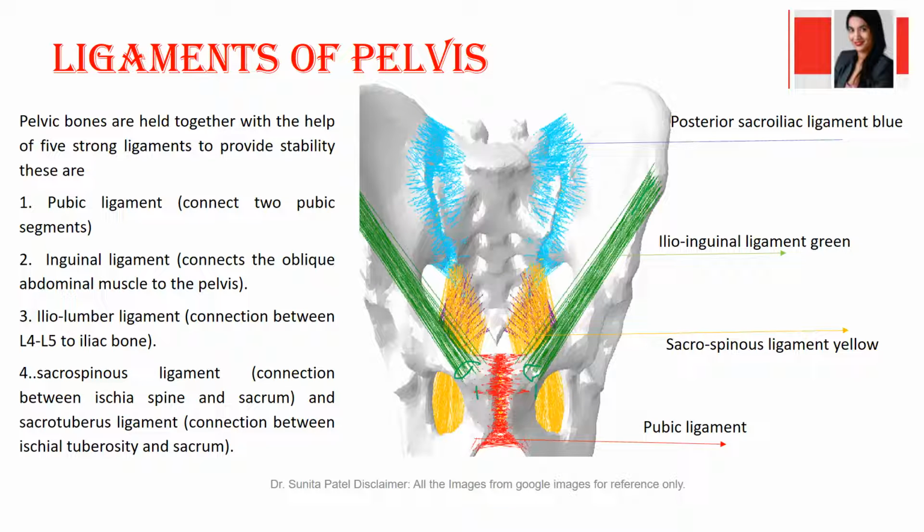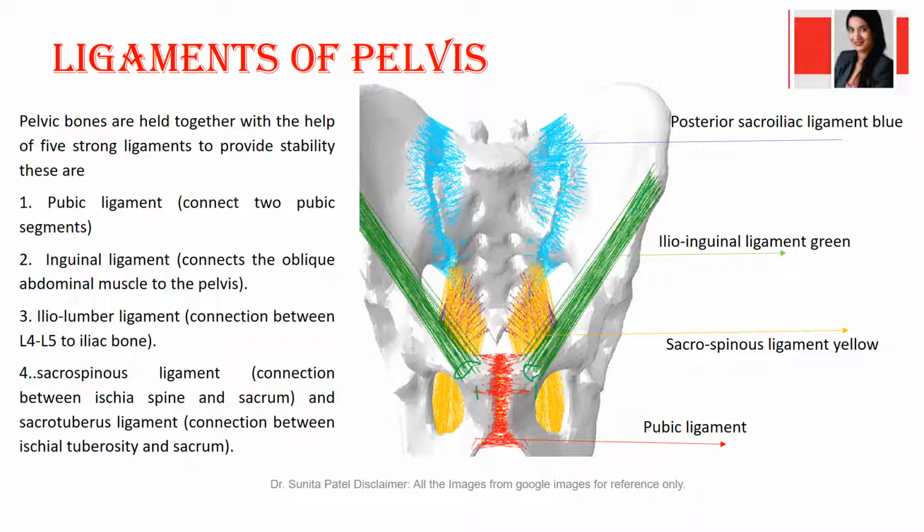If you rotate and look at the posterior side, the yellow part, from the sacrum to the ischial spine, we have another ligament coming, and that yellow colored part is the sacrospinous ligament. And we all know about the SI joint. We have the sacroiliac ligament present there posteriorly.